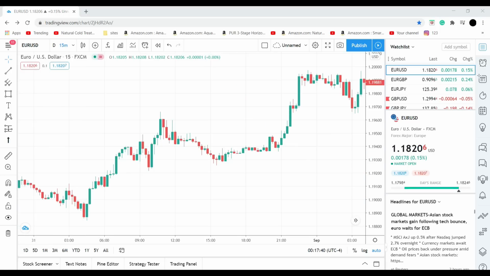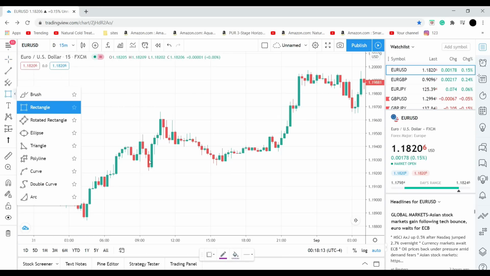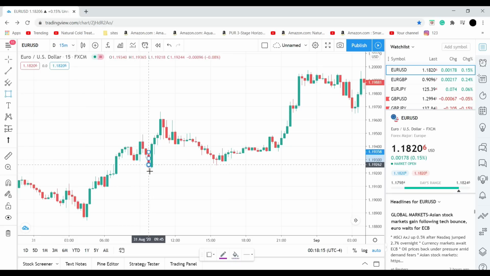So let's talk about how to draw supply and demand zones. I'm going to show you guys 3 ways you can actually draw them. The first one is just using the last pivot. We're going to look at the beginning of the move and look for the lowest candle, which is this red candle right here.